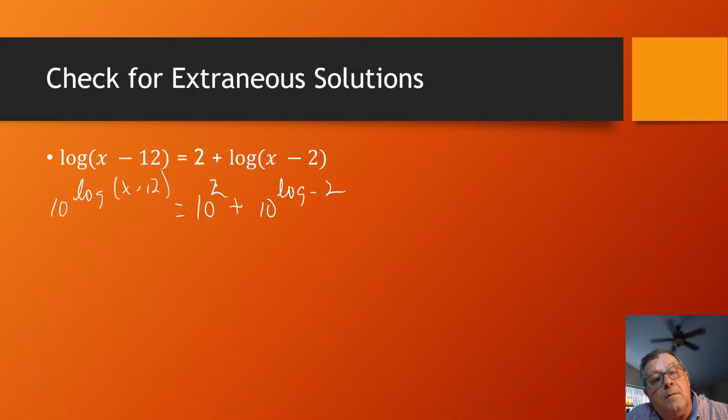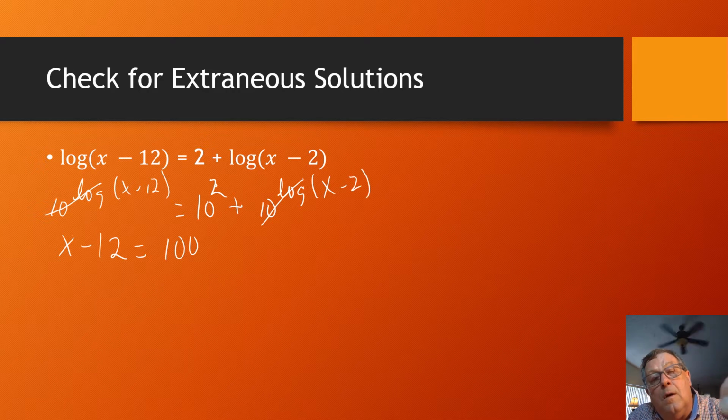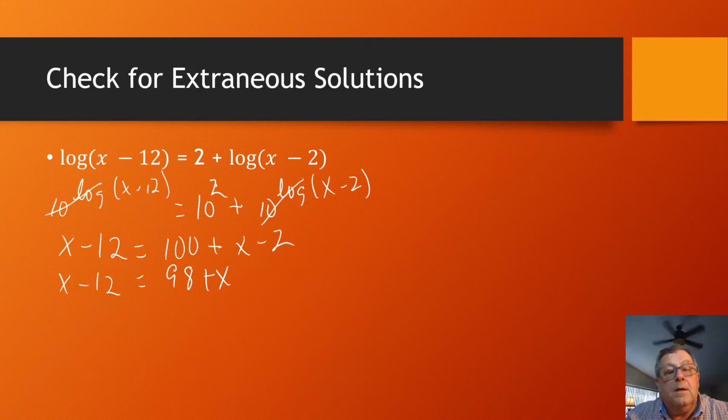And the base 10 and the common logs are going to cancel out. It's going to leave me with x minus 12 equals 10 squared, which of course is 100, plus x minus 2. I made an error right there. So we got x minus 12 equals 98 plus x.